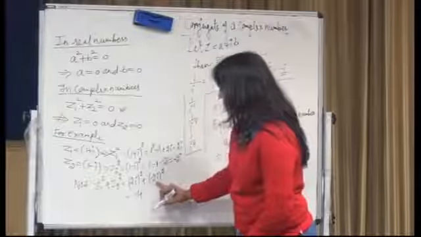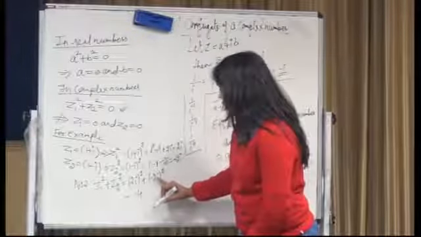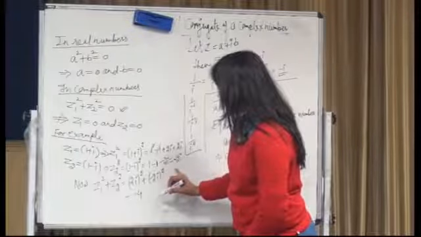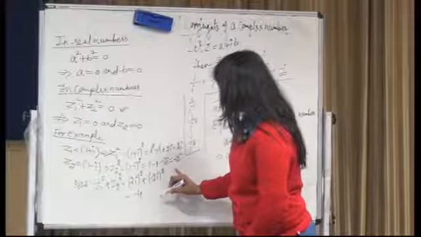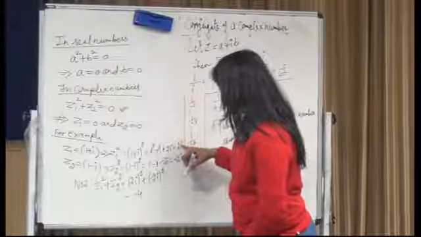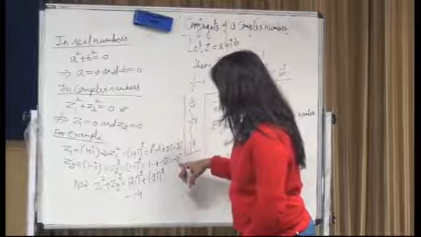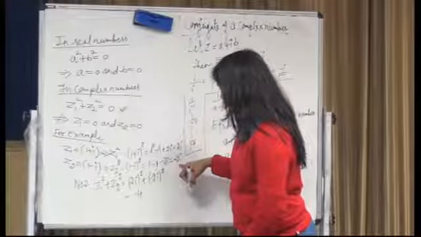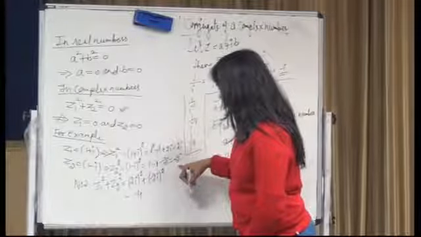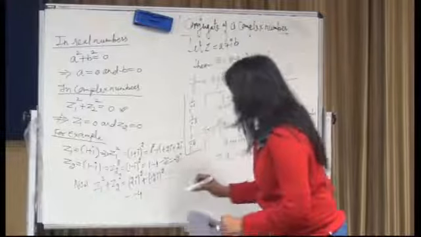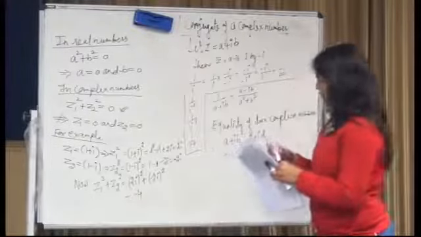What about this? Minus 2 iota, because we have already squared above. We already did z1 square, (1 plus iota) whole square. Yes, this is the z1 square. And then no, it will be only 2 iota.